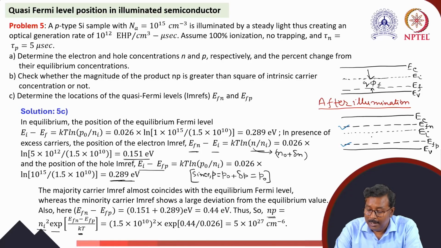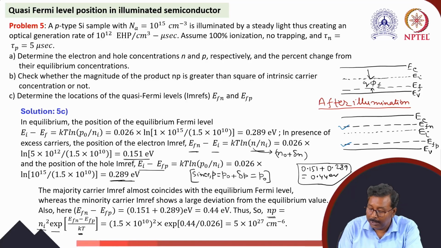So these are added: 0.151 plus 0.289, which is equal to 0.44 electron volt.